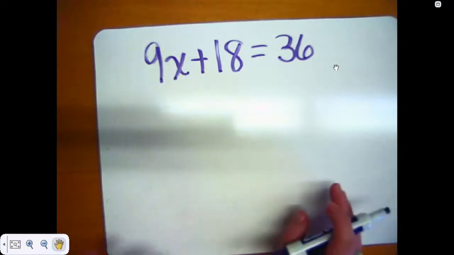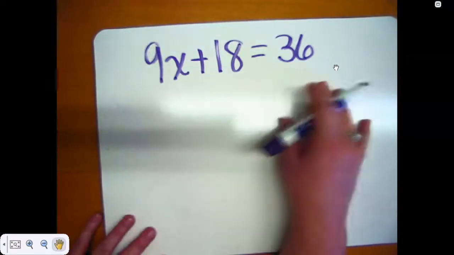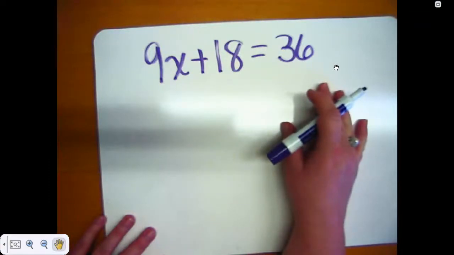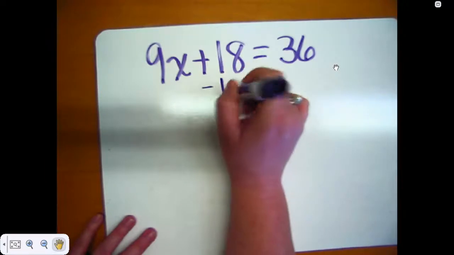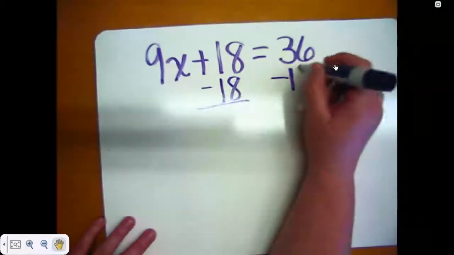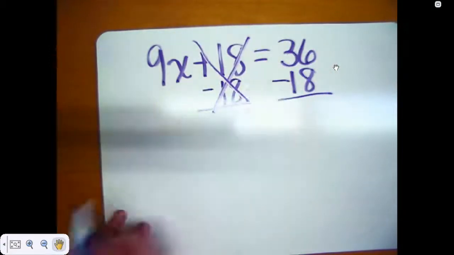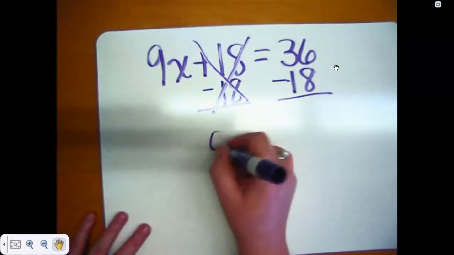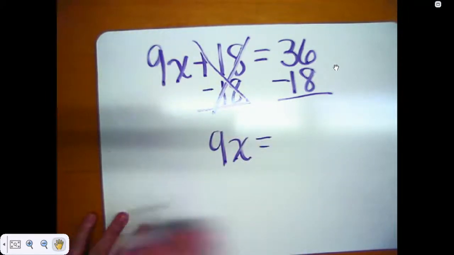Okay, I hope you paused the video and worked the problem. So the first thing I would do would be to get rid of anything but the variable. So I would do the opposite, which would be negative 18. And if I do it to this side, I also do it to this side. This one equals 0, so I'm just going to cross it off and bring my 9x down. And 36 minus 18 is 18.